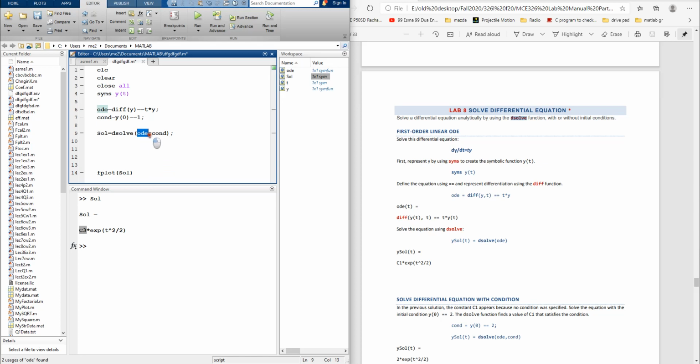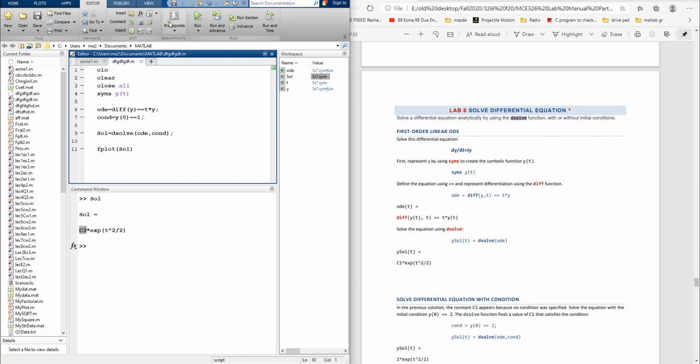The dsolve will know that the first argument is the ordinary differential equation, and if there is a comma and something else, it will know that this is a condition. So now I'm solving the same ordinary differential equation using a condition. So the solution now will have no unknown values or constants. Now, can I plot? Yes.